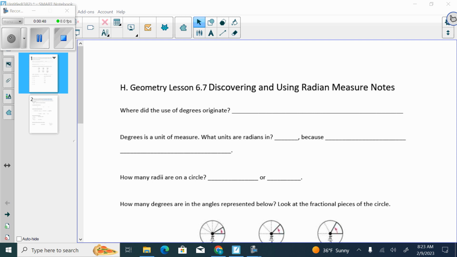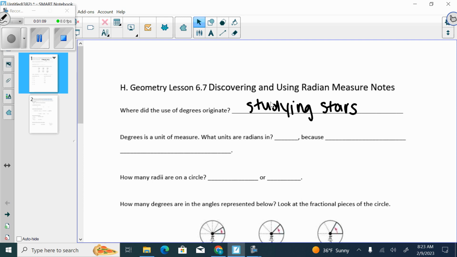Okay, so first of all, degrees. Degrees are measuring the angle between things, right? Originally, degrees came from when they were studying stars, determining the degrees between various stars.